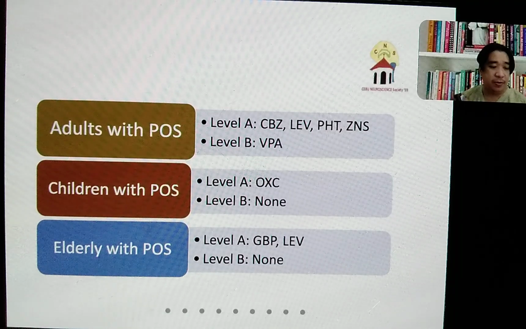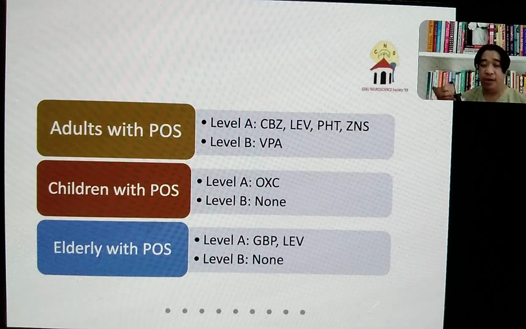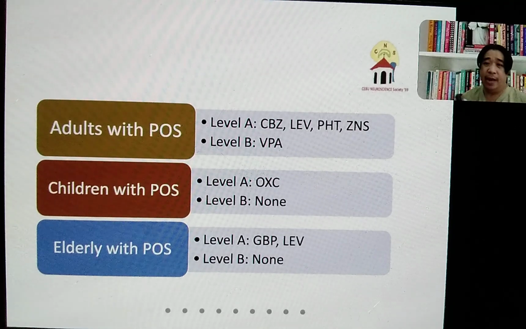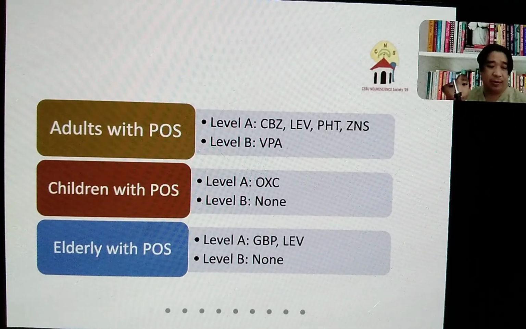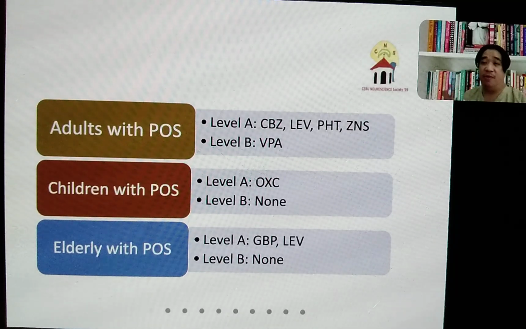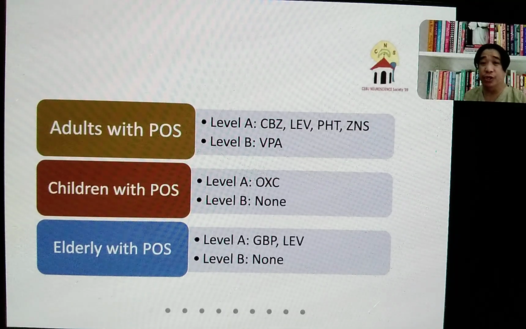Carbamazepine, level A, first line. Next, children with partial onset, it's oxcarbazepine. Now, I would just like to highlight, be careful in carbamazepine, particularly Stevens-Johnson syndrome.